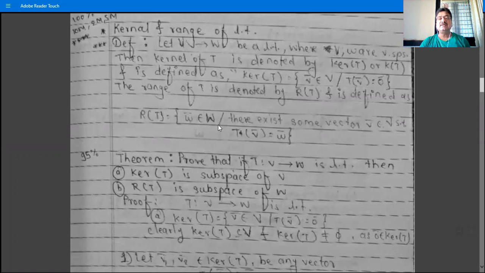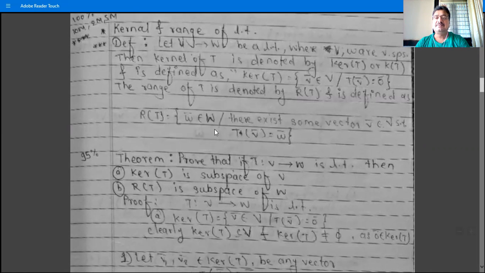That is, R(T) contains all the images; it is the set of images, the image set of the function. This set is a subset of the codomain, and is the set of all w in W such that there exists at least one vector v bar in V such that T(v bar) equals w bar.